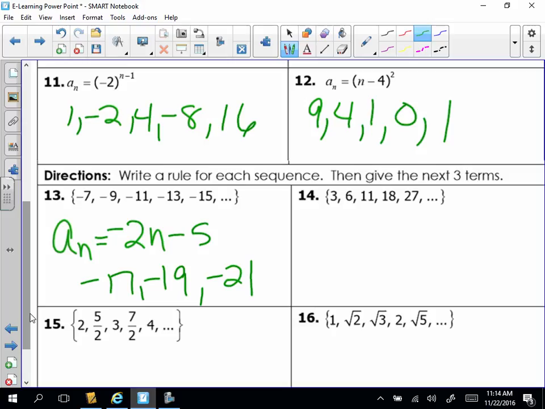So in example 14, I have 3, 6, 11, 18, and 27.